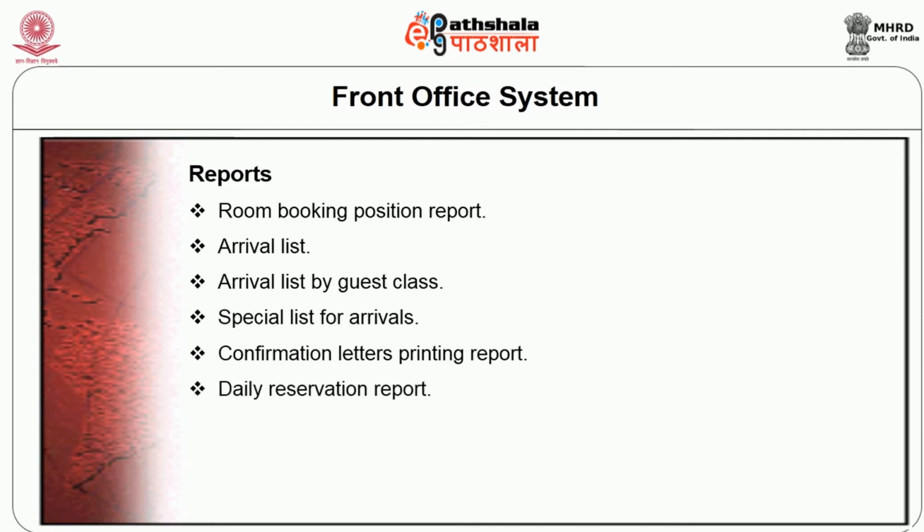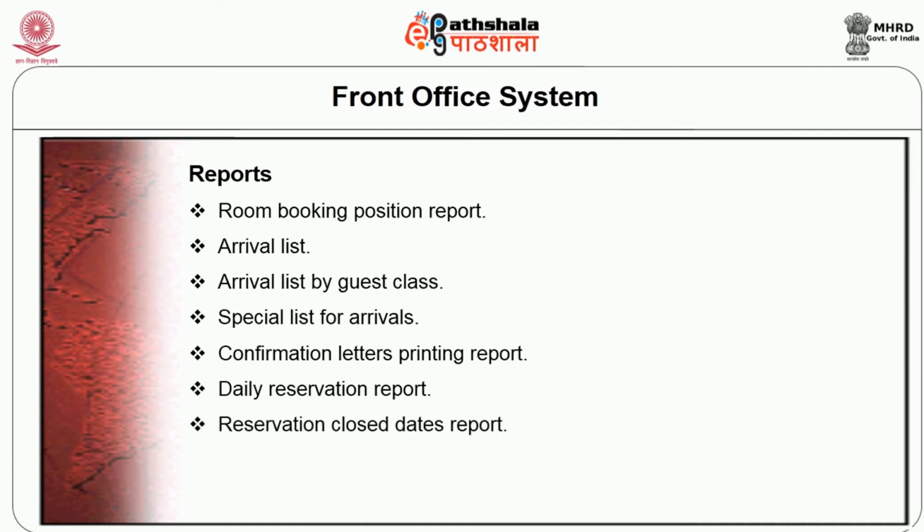The daily reservation report covers whatever reservations you get daily, through phone, direct reservations, group reservations or chain reservations. So this records all your daily reservation transactions, and gives you the status on a daily basis.